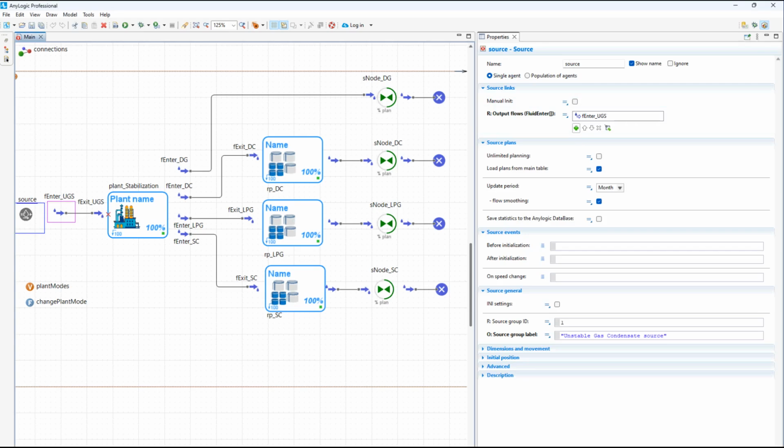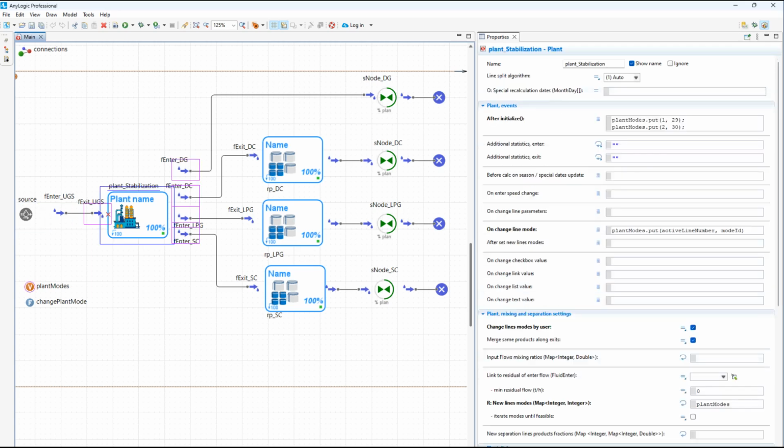They support various planning modes, including monthly and daily schedules, as well as flow smoothing options. In addition, the sources provide a wide range of parameters and events that allow their behavior to be represented in detail. The feed sources are connected to the condensate stabilization unit, which enables flexible configuration of the separation rules for unstable gas condensate and the resulting output streams.